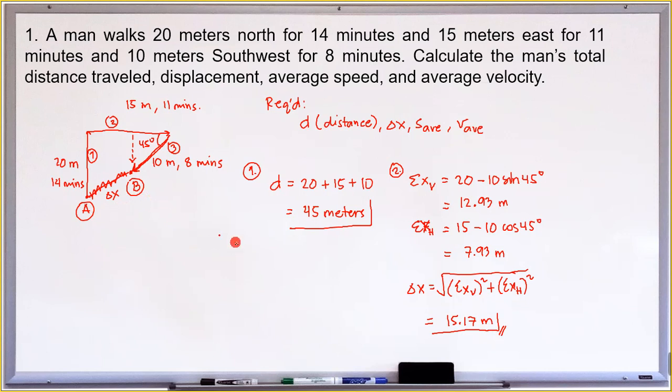Now, since this is displacement, what we got is just the magnitude. For its direction, using tangent, what would theta be with respect to the horizontal?